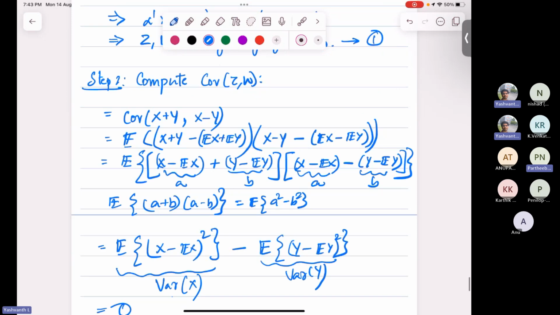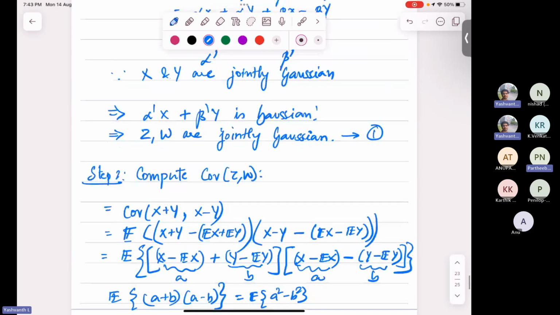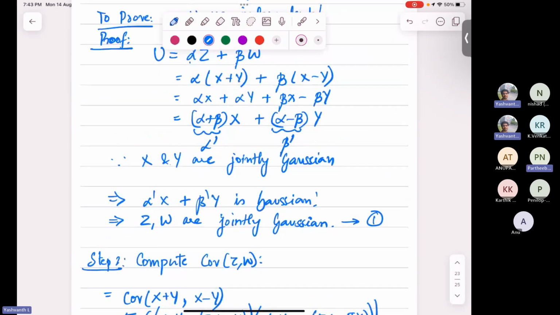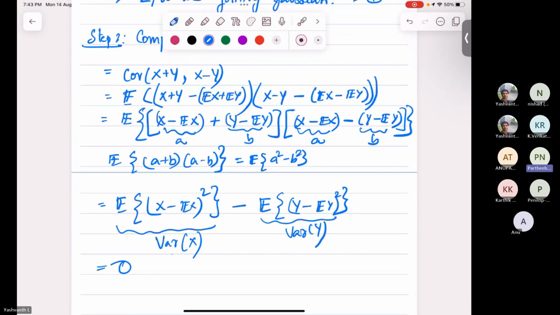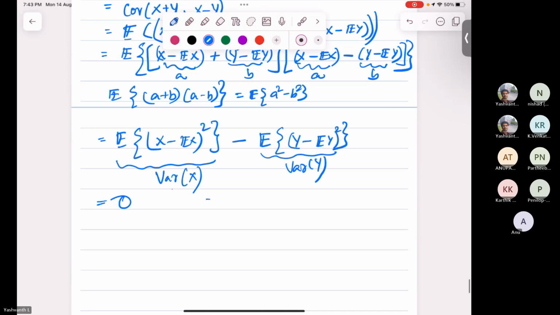So what I have proved, I first proved that z and w, that is x plus y and x minus y, are jointly Gaussian. And then I proved that the covariance of x plus y and x minus y is 0. I proved both of them. That means it should imply that x plus y and x minus y are independent. That's all.